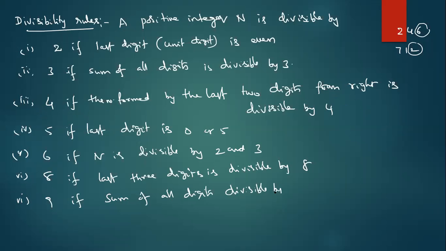Sir, property for 4 from the right side means the first 2 digits, sir? See, I'm writing one example: 712. From right side means what, like this? Means 7 and 1 should be divisible by 4? No, 1 and 2, the last 2 digits. What is the first digit? 7, second 1, last one is 2.